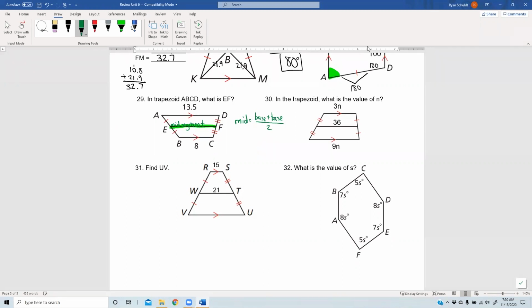Now, we don't know what the mid-segment is, but what we do know is our two bases. So our bases are 13.5 and 8. Let's do that. 13.5 plus 8 divided by 2.